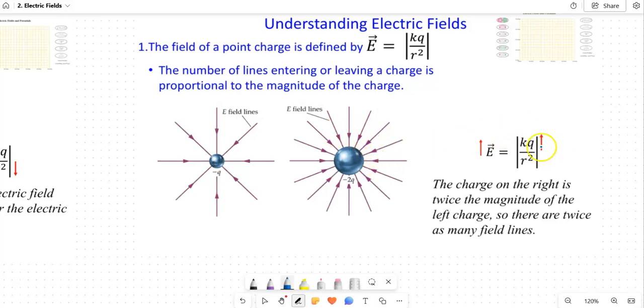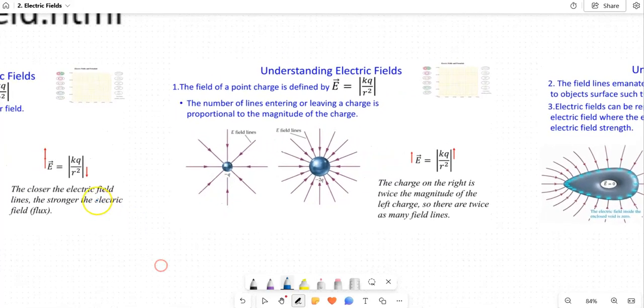Which means the larger the Q, the more charges you have built up, the electric field vector is directly proportional to it. Whereas over here, the distance from the point source to the sensor is inversely proportional to the electric field vector by the square of that amount, right? So that's basically rule number 1.